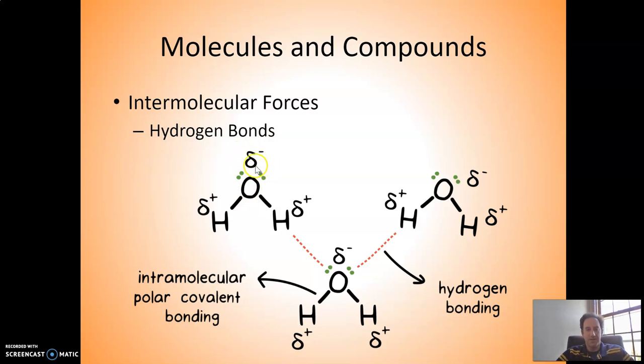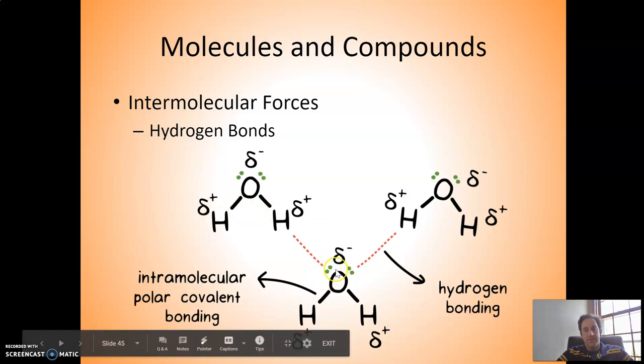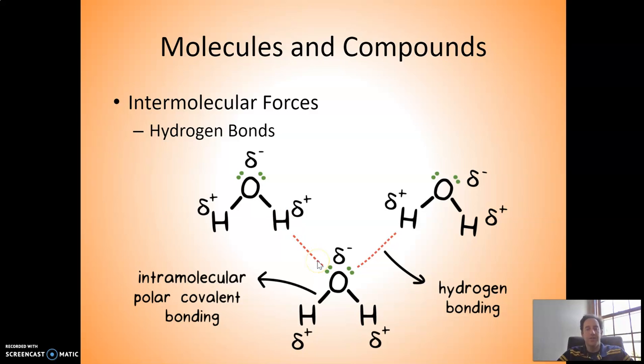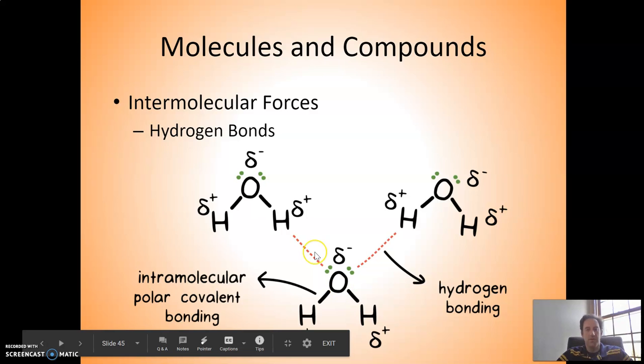That symbol wasn't on the screencast, but it should have been. The hydrogen atoms have this slight positive charge. And so as water molecules come together, there's a slight negative here, a slight positive here. There's a little intermolecular force between them, and we call it a hydrogen bond because hydrogen is bonded to oxygen. And so that intermolecular force is there.